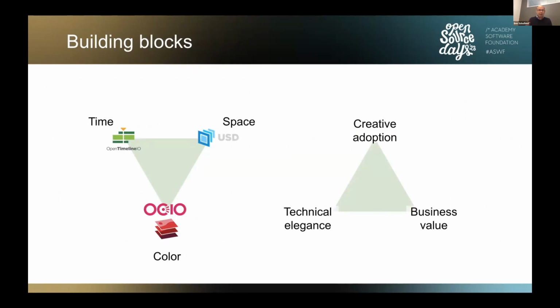As long as we can map to those, I think OpenTimeline has had enough different use cases through it, has had enough people looking at it that it's able to support most of the things that people want to do. And in combination with OpenColor and EXR, in combination with USD, I think these are the fundamental building blocks. But again, what we're looking at here is that technical elegance.